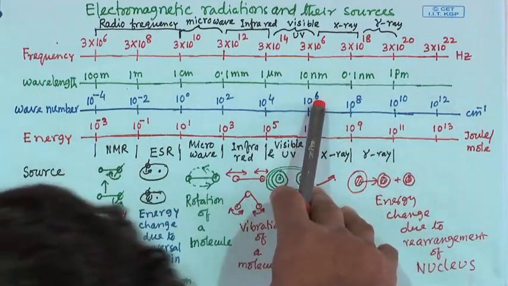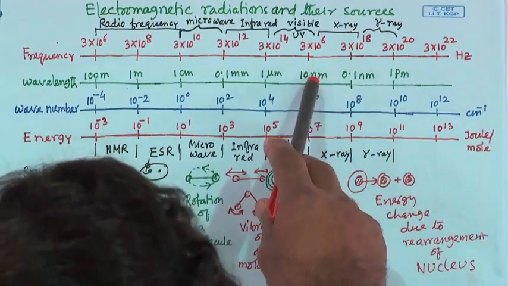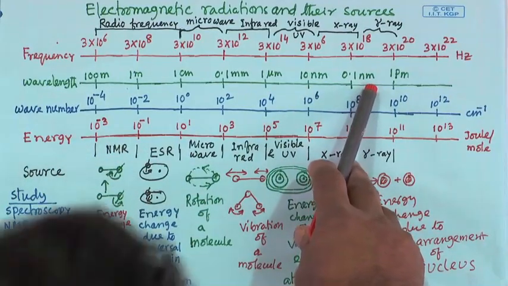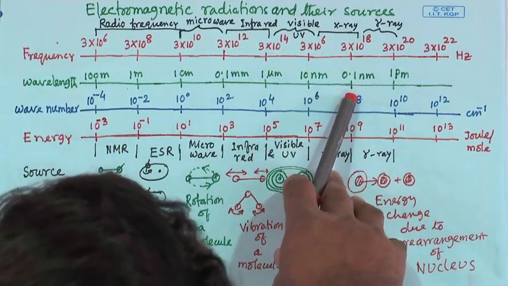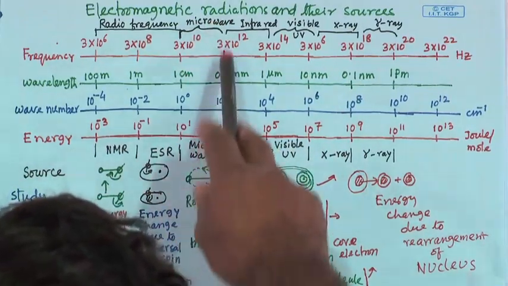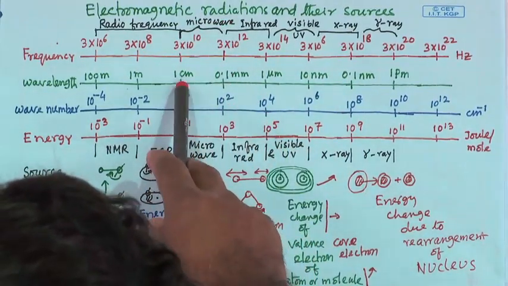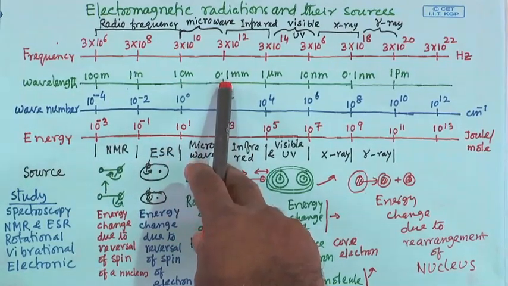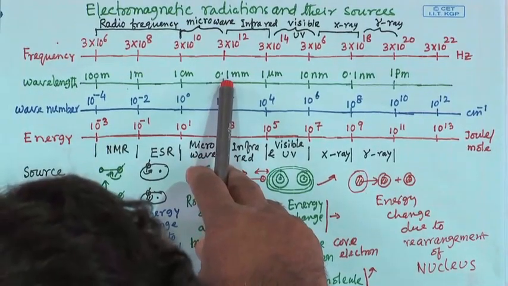So, X-ray wavelength is in the range 10 nanometer to 0.1 nanometer, means 1 angstrom. Okay. So, for microwave, the wavelength range is say 1 centimeter to 0.1 millimeter or 100 micrometer. Okay.